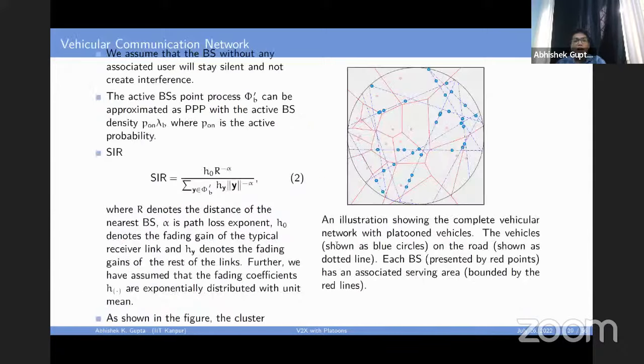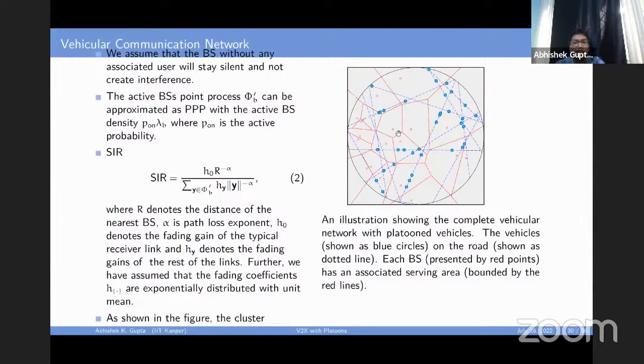And similarly, okay. So now let's think about this one. This is a combination of the vehicular network overlaid with the communication network. So as I've talked about, these dashed blue lines are the roads. These blue circles, small full circles are the vehicles. These base stations are the red circles. And because of that, you have these Voronoi cells.